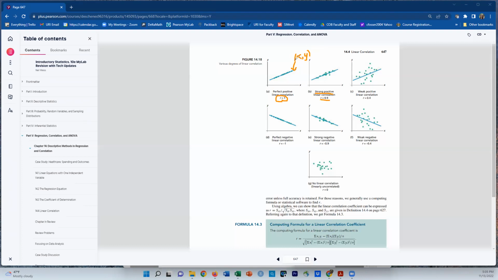It might actually be a person, it might be a field, but you are looking at two things that are in some way connected. They're coming from the same individual, they're just different things that are being measured.